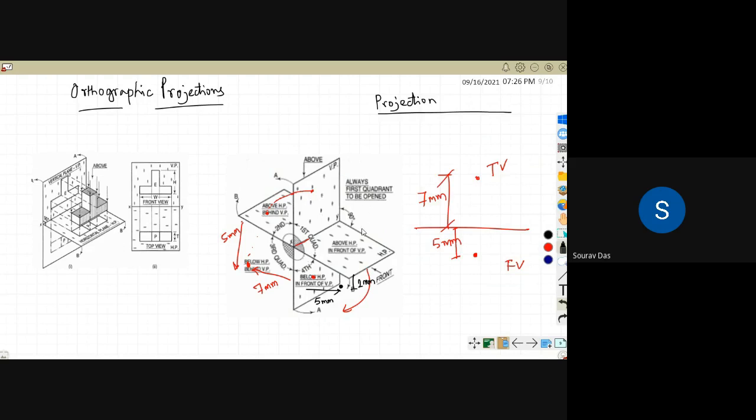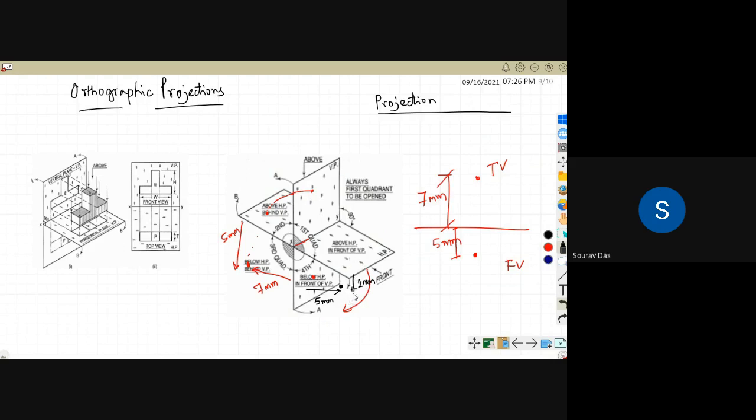In that case, the front view will go somewhere here. It is 2 mm below the reference line, and this will be 5 mm from the reference line.